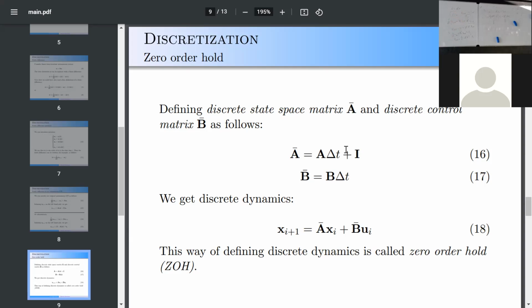But the tools for controlling them, you can already see, are going to be more or less the same. So your A minus BK has to have eigenvalues which are what? Less than 1. Yeah. So if you know how to do pole placement or whatever for continuous systems, just do the same for discrete systems, except ask for different eigenvalues.